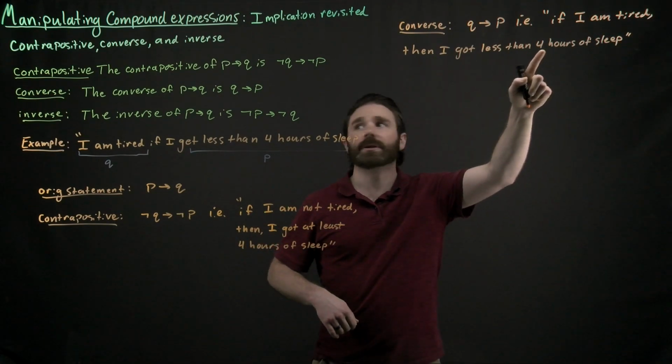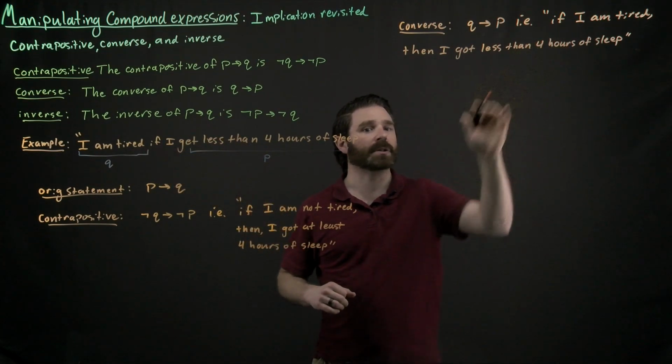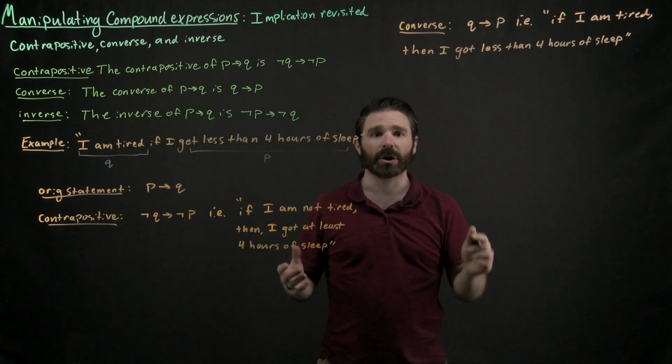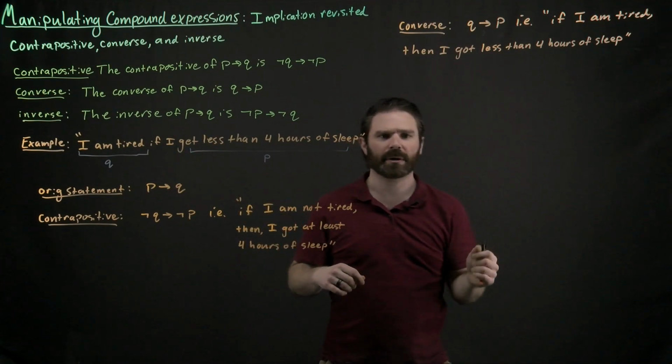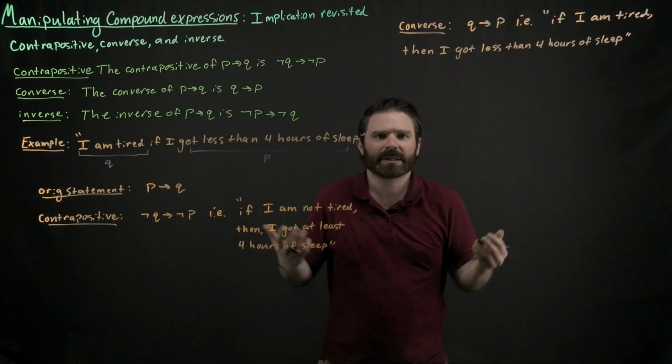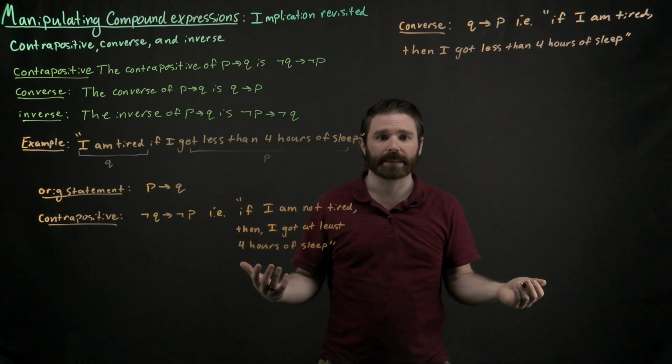That's how we could translate this original English sentence into its converse. You can see immediately that these are not logically equivalent to each other. If I'm tired, then I got less than 4 hours of sleep? Well, no, there could be some other reason why I'm tired, right? I could have just run a marathon or something like that.